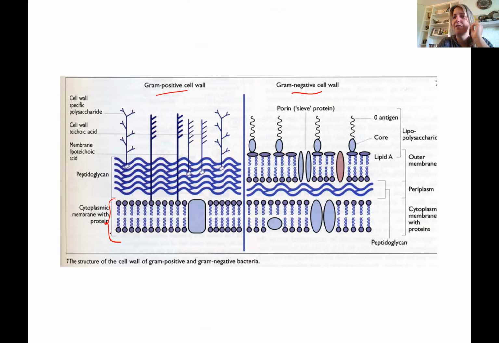Okay, so animals have a cell membrane, which is the lipoprotein membrane, the cytoplasmic membrane. Bacteria have that, and all bacteria also have either a cell wall that is gram-positive, or a cell wall that's gram-negative. So they have this extra layer around them that's called a cell wall. We don't have that extra layer.